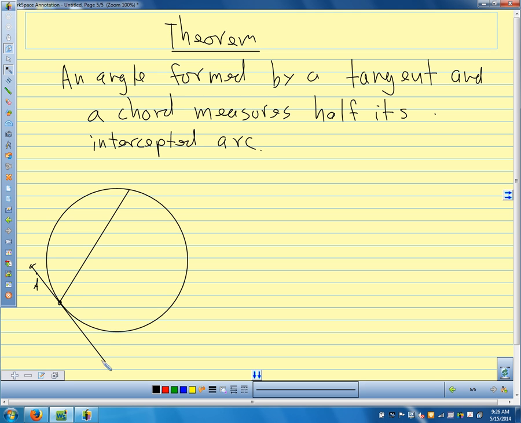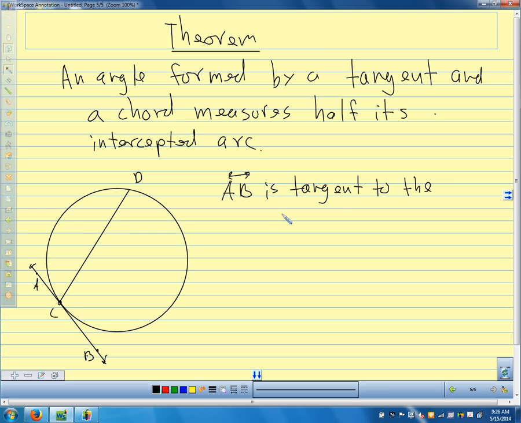And this is going to be tangent AB. And we'll call this C and D. And what we're saying is that line AB is tangent to the circle at C.